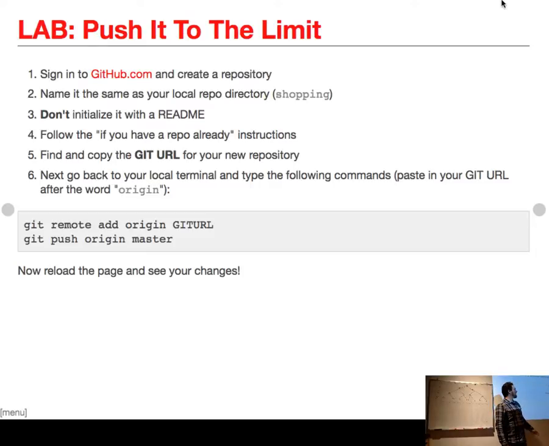But the first thing you need to do is follow these instructions from top to bottom. And in particular, follow these instructions if you already have a repo already. All right, these need to be followed. If you follow it, it's just 2 lines where you're going to add the remote repository and push to it.